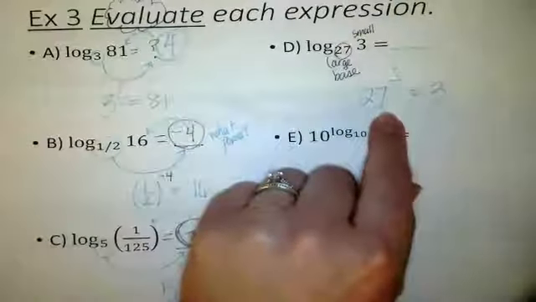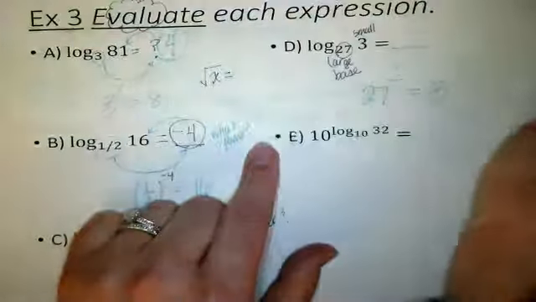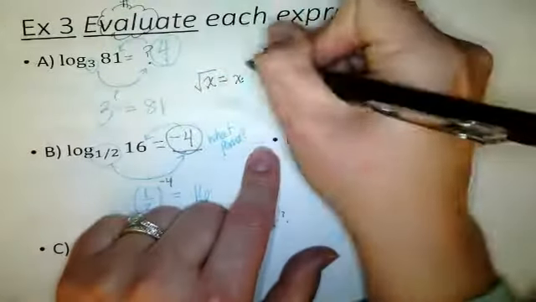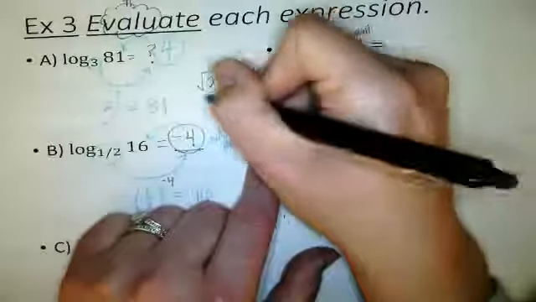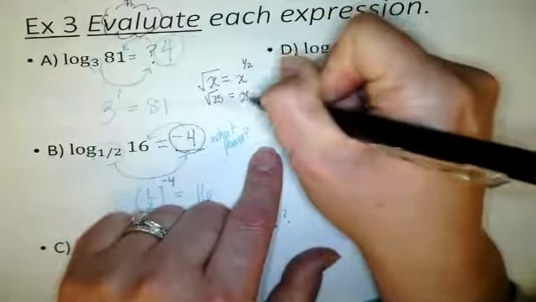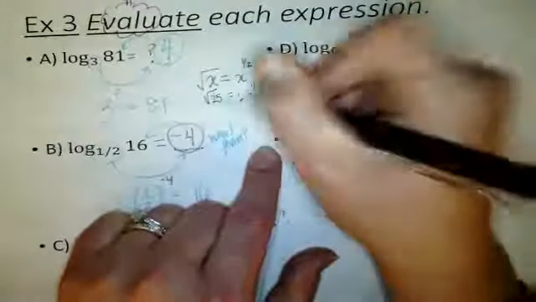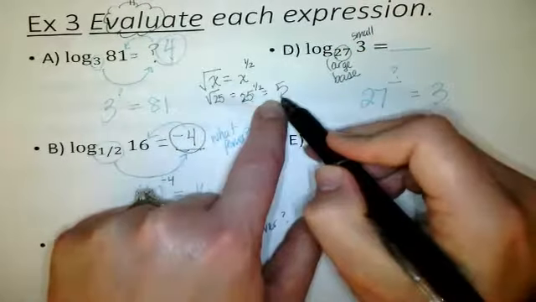But a fractional exponent is a good one. Remember, the square root of x can also be rewritten as x to what power? To the 1/2. If I have the square root of 25, I could write that as 25 to the 1/2 power. What is the square root of 25? 5. See how we started with a large number and got to a small value?